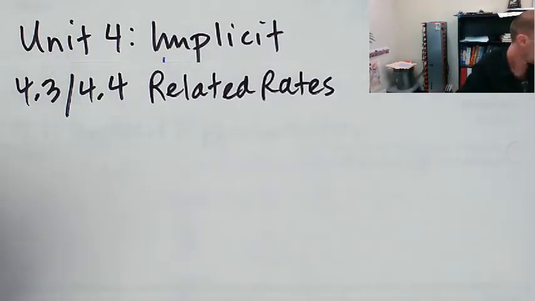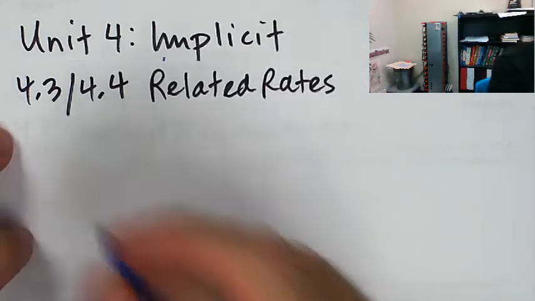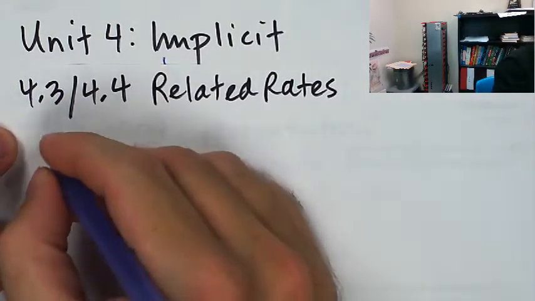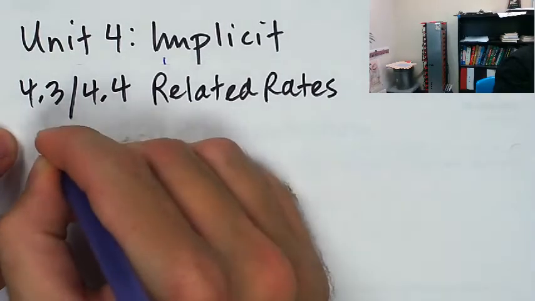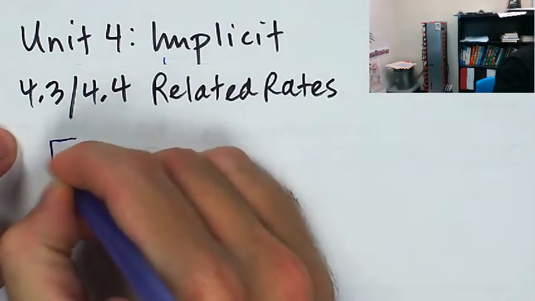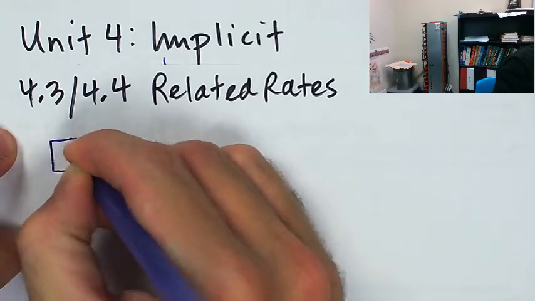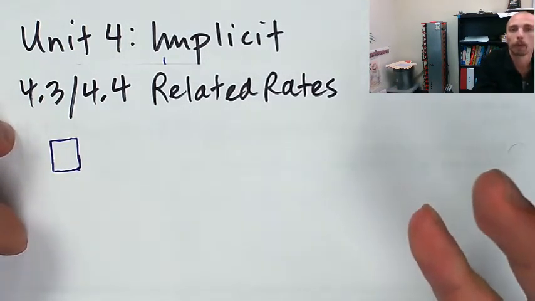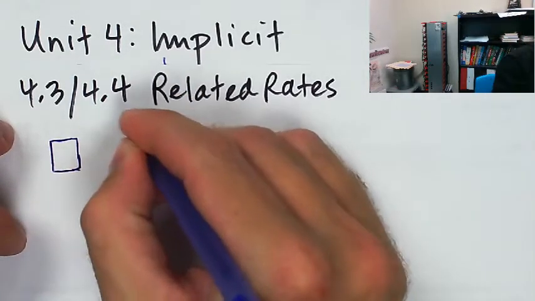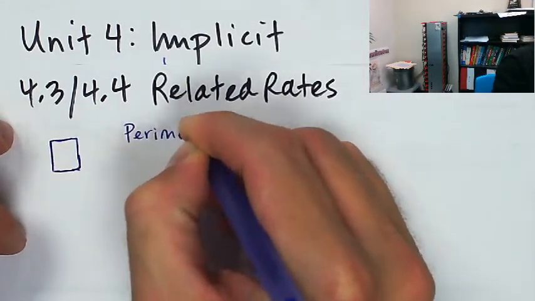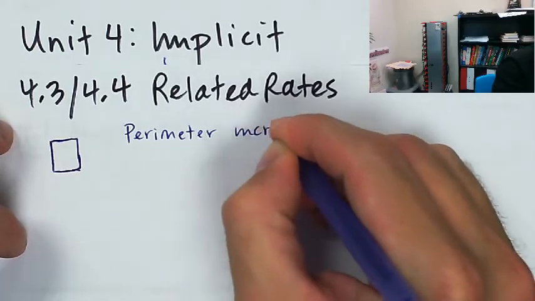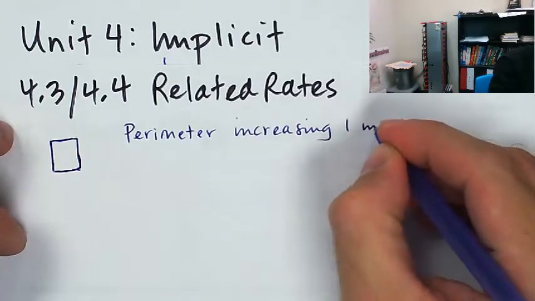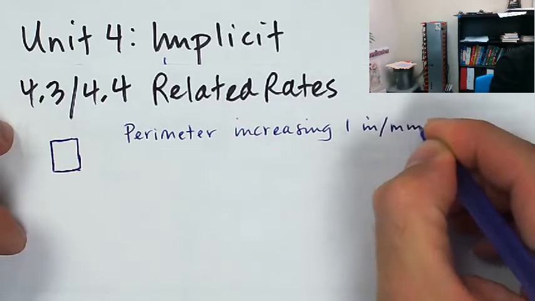Suppose we had a situation that would be pretty easy to work through quickly. Suppose we had a square, and it was expanding. And the perimeter was expanding at a rate of 1 inch per minute.